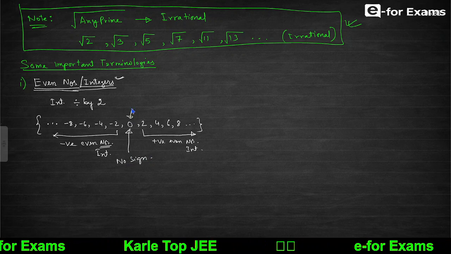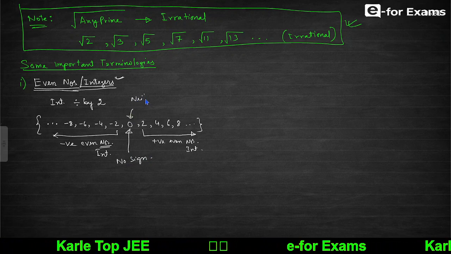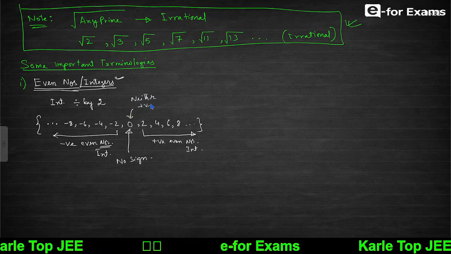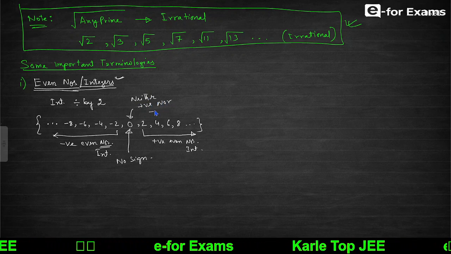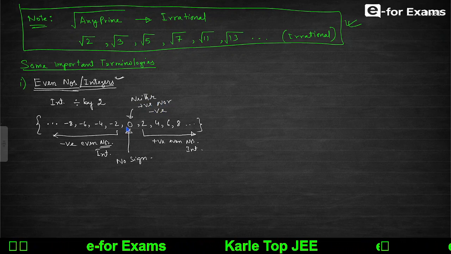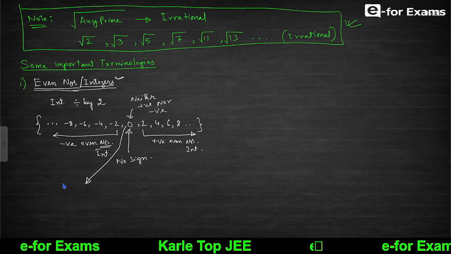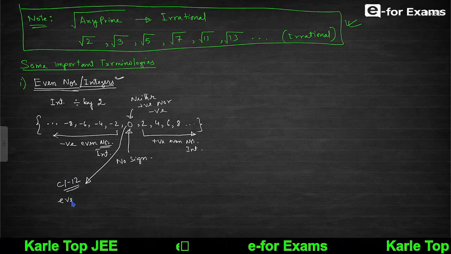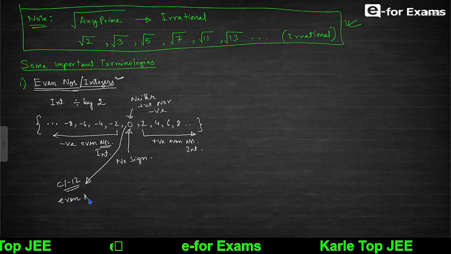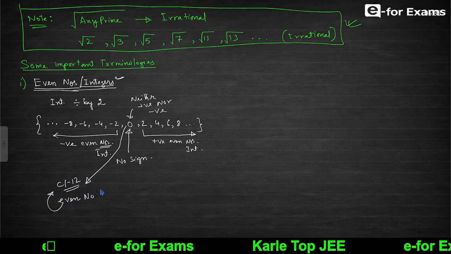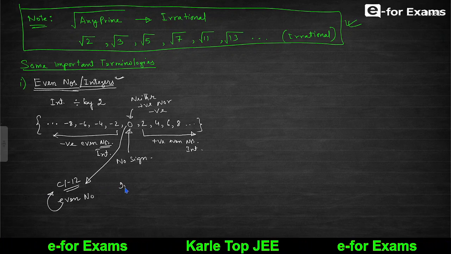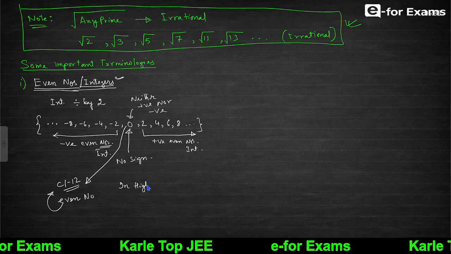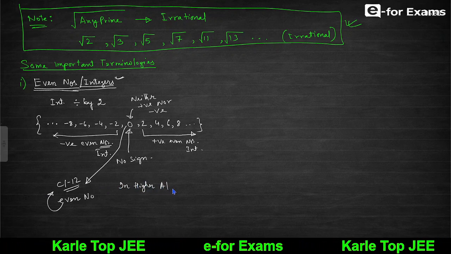It is neither positive nor negative. And this 0, up to class 12, we are going to consider as an even number, but not in higher algebra.